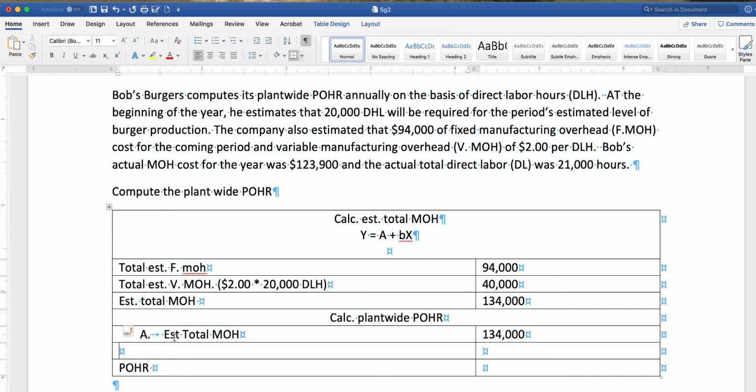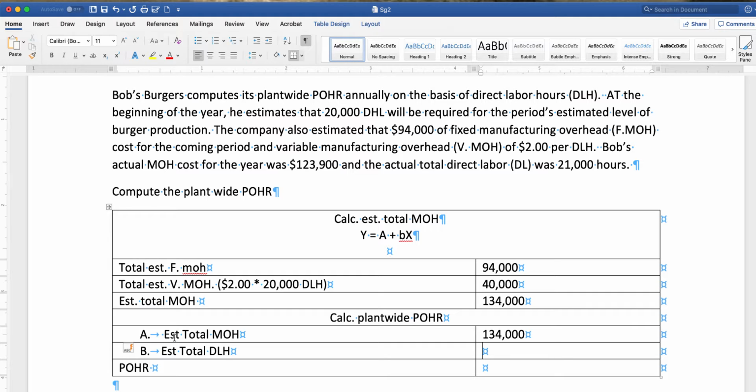Then I take, and I'm going to call this B, the estimated total direct labor hours, which what did he estimate?